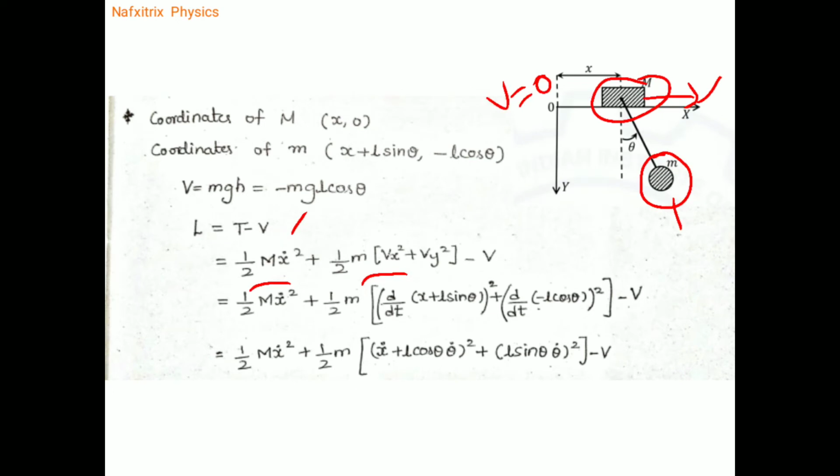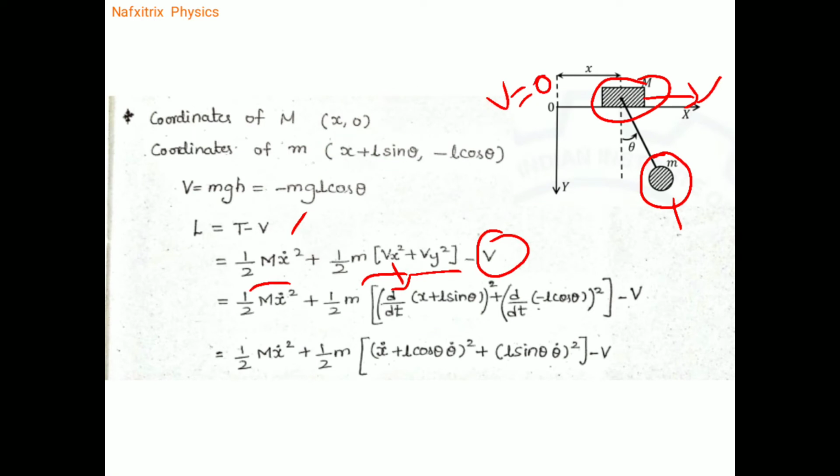Along the x-axis and along the y-axis, both, we have velocities. And here the Lagrangian is T minus V. So half M x dot square in the next step. Half m Vx square, where Vx is the rate of change of the x coordinate, so d by dt of x plus L sin theta, whole square.